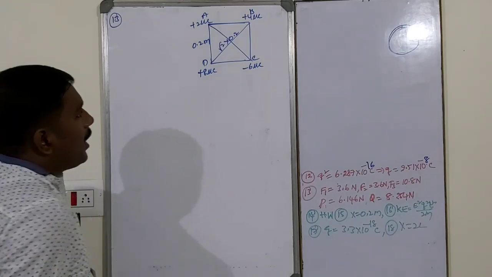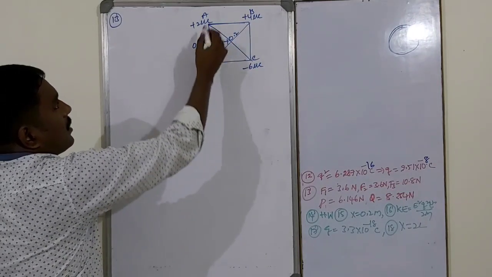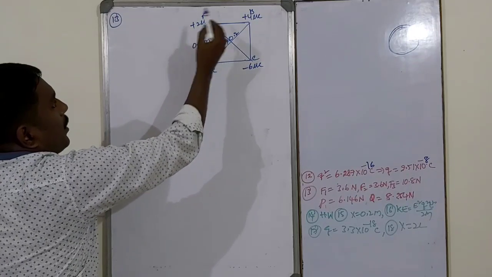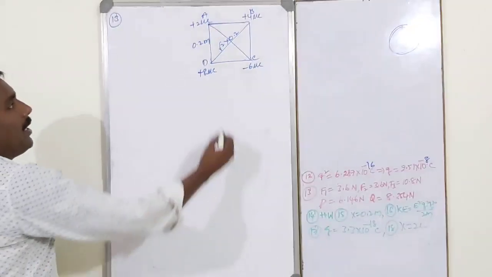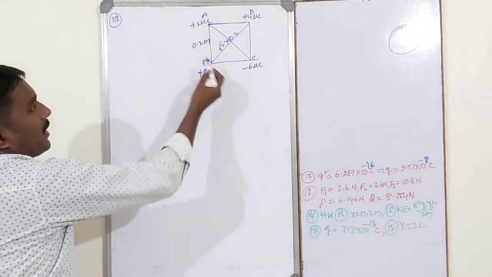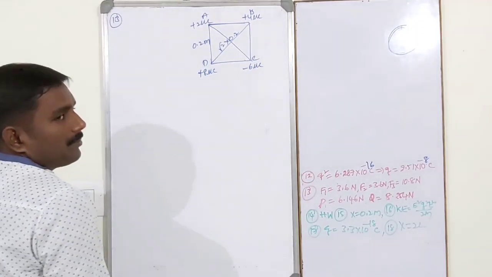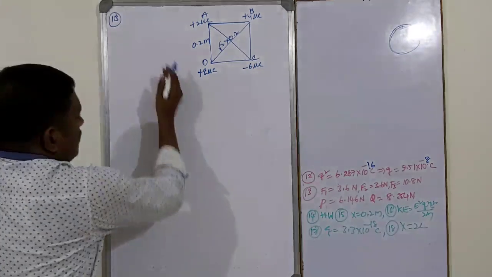So ABCD are four points at the corners. The charges are 2 microcoulomb, 4 microcoulomb, minus 6 microcoulomb and 8 microcoulomb, and we calculate the net force acting on corner D. Same method, easiest method.